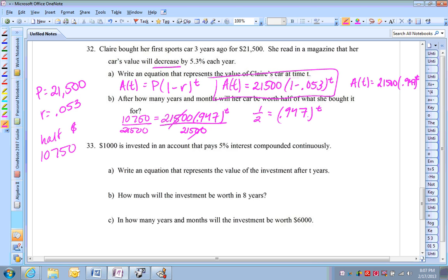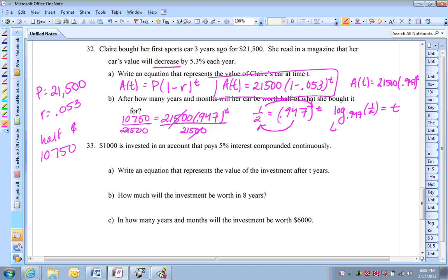So we have an exponential, and the way we need to do this is convert it to a logarithmic equation to solve for t. So we start with our base of 0.947, pick up the 1/2, and then go back to the t. So I'm going to write this as log base 0.947 of 1/2 equals t.